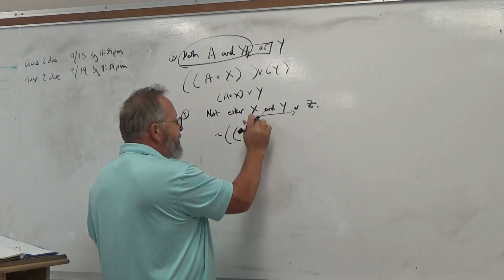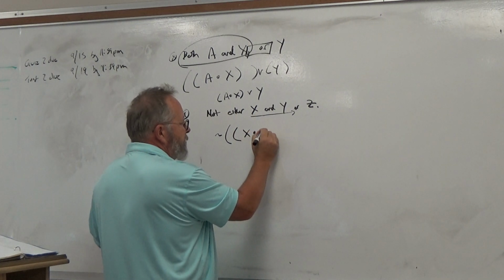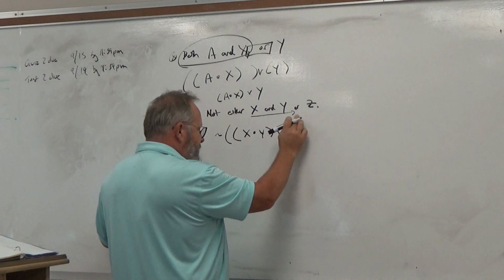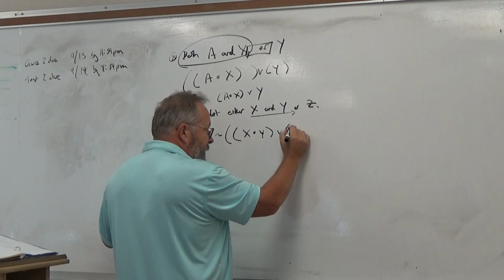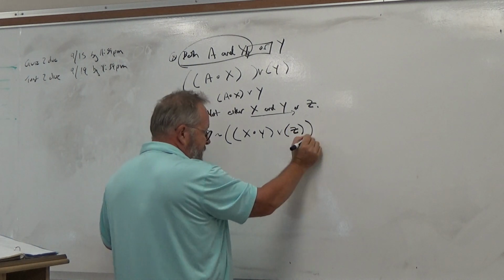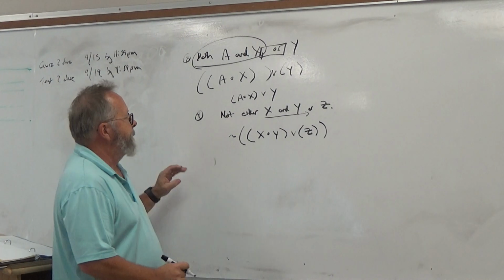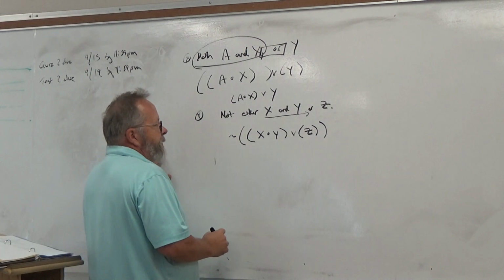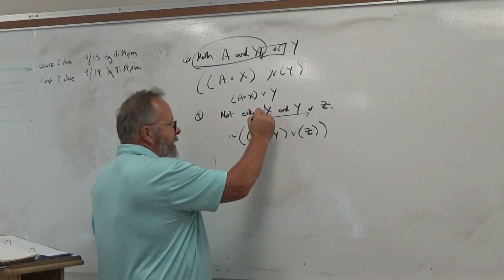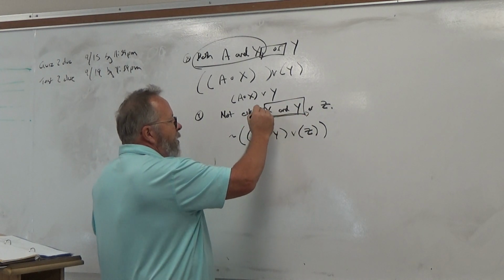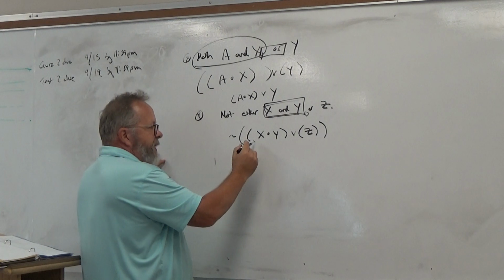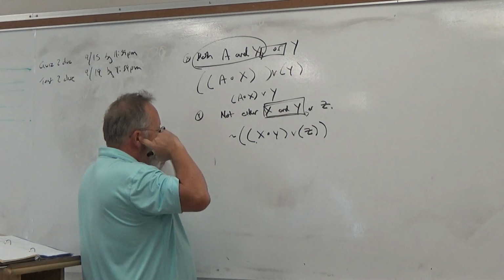So all of this stays together as the first disjunct. Close it, or now I'm starting another disjunct. It's just Z, so I can close it and then that. Okay? So this either, until I get to the or, all of that is the first disjunct. That's why it's grouped together.